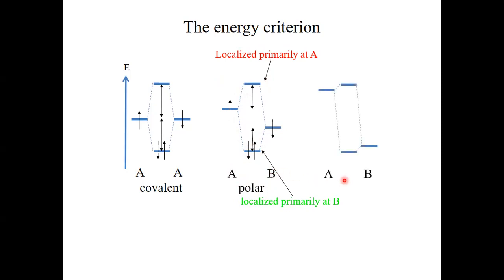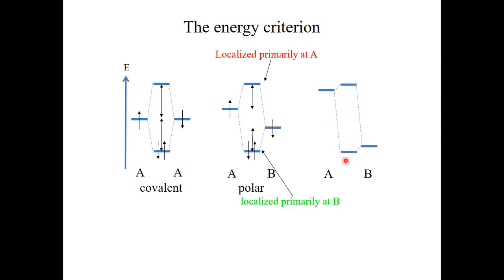Okay. Now, last but not least, let us assume that the atomic orbital energies are different, but now they are much different. So we can still form a bonding molecular orbital and an antibonding molecular orbital.